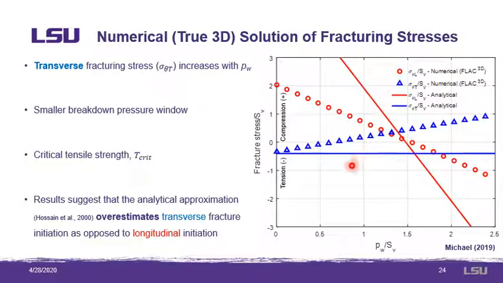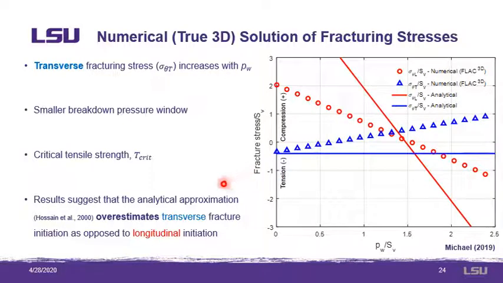Clearly, there is very poor matching between the two solutions. The biggest discrepancy, or error if you will, occurs with the blue transverse fracturing stress, which seems to be dependent on wellbore pressure in a way that it becomes more compressive as wellbore pressure increases.